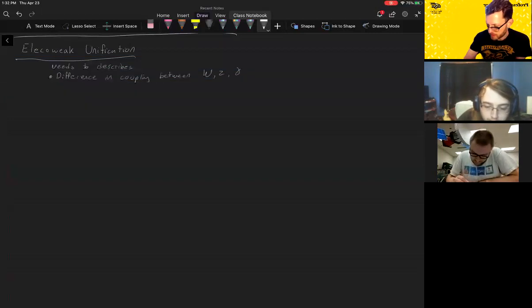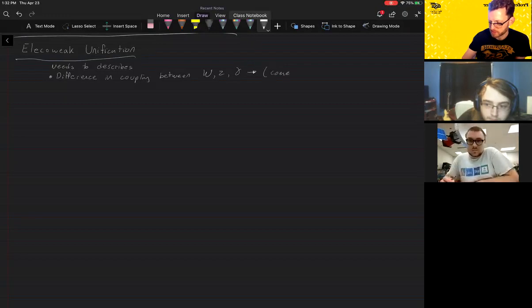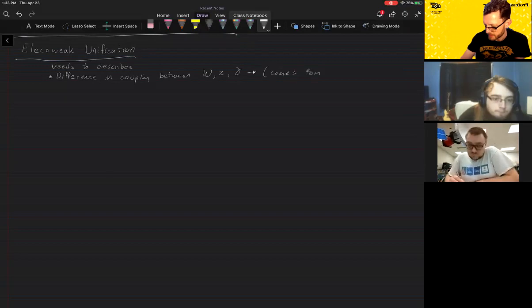And we've seen already that the difference doesn't really come in the coupling strength at the vertex term, but comes from, we know the answer to this one, the mass of the W and Z.